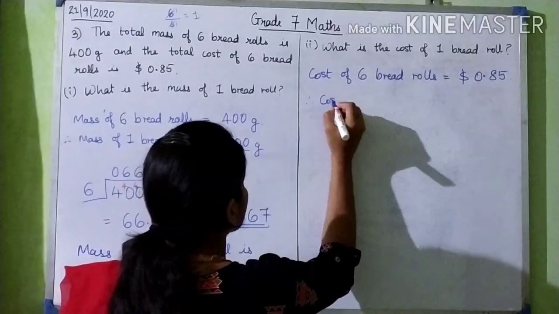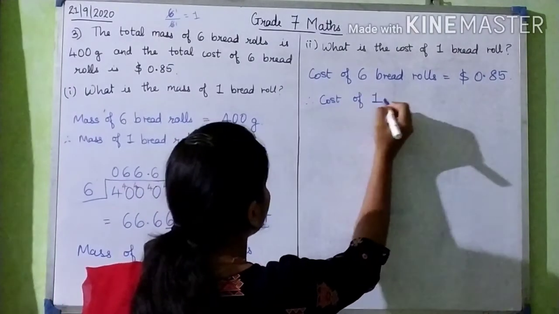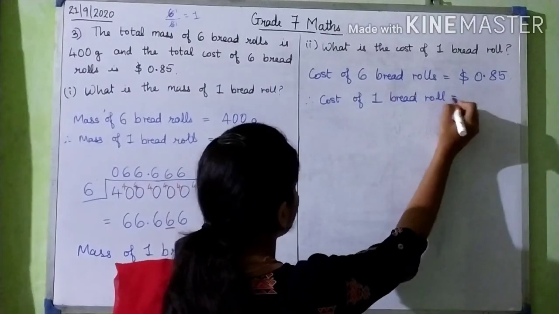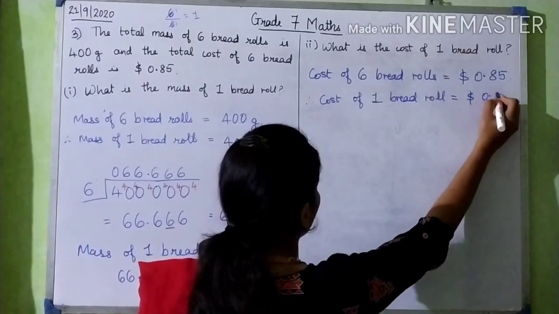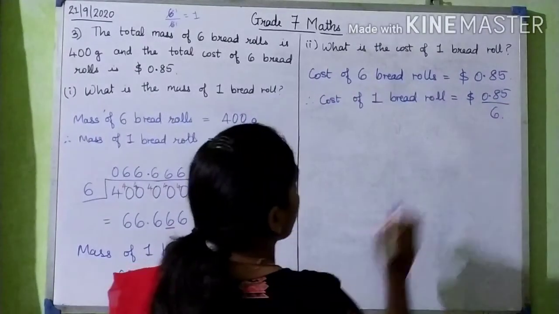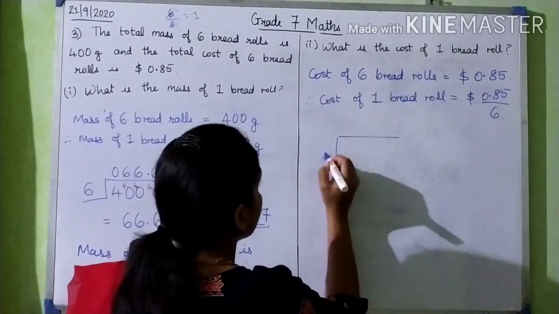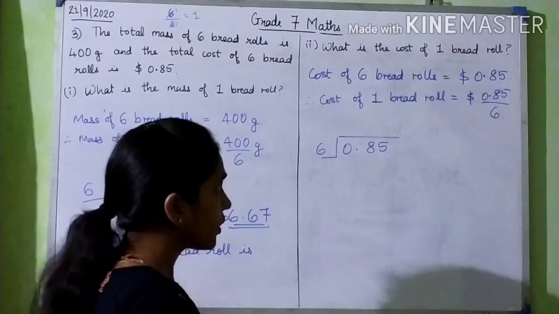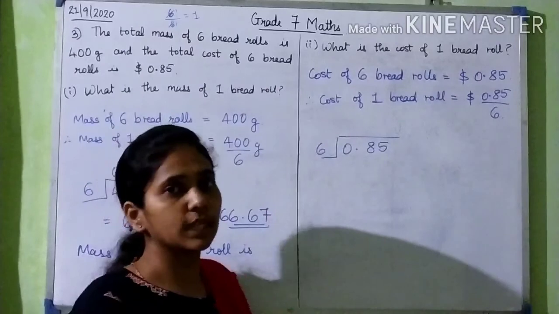Therefore, cost of one bread roll is equal to $0.85 divided by 6. So I have to divide 0.85 by 6.